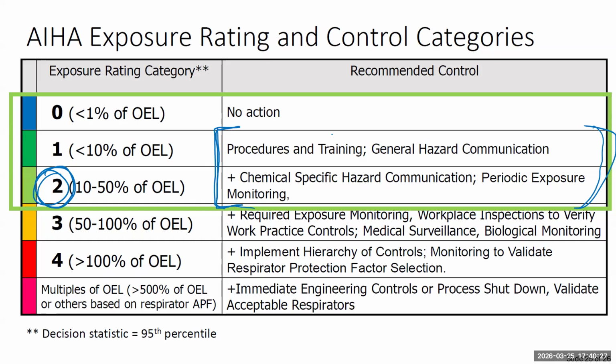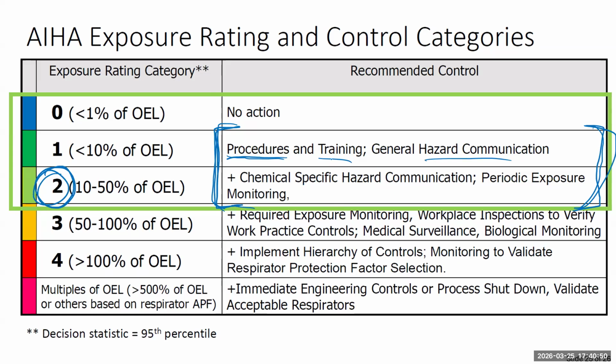So it may look a little different, but these first two categories look pretty similar across industries. We're going to look at our procedures, our SOPs, our practices, our training, our hazard communication.